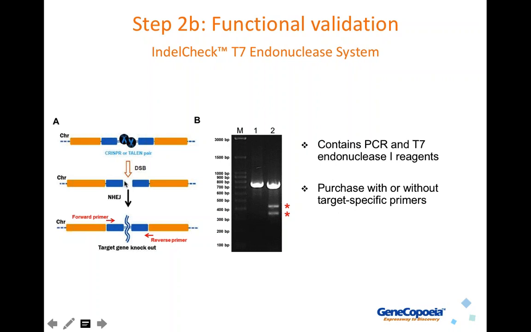CRISPR causes a double-strand break, and if you design primers that flank this break site and do PCR on a bulk population of cells, you can then digest these PCR products with T7 endonuclease 1 in the kit and run them on a gel. A typical gel is shown here. These two lanes are the PCR products generated from here that are either untreated or treated with T7 endonuclease 1 from the Indel Check kit.